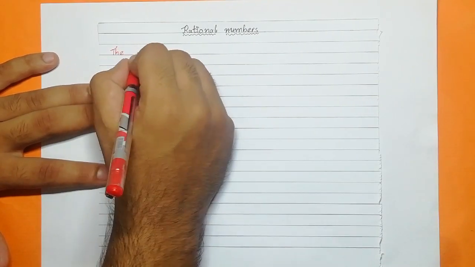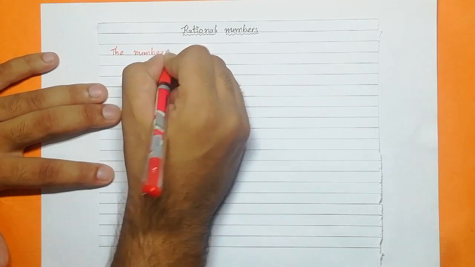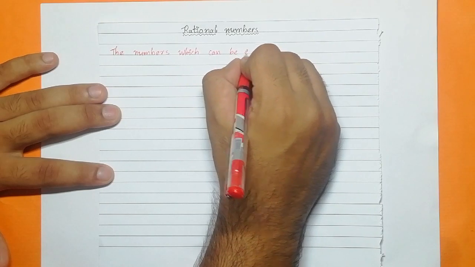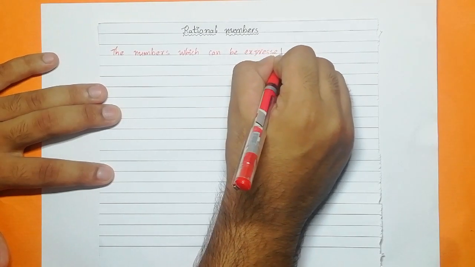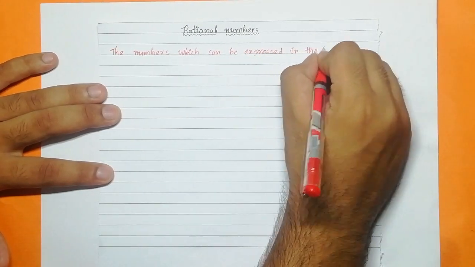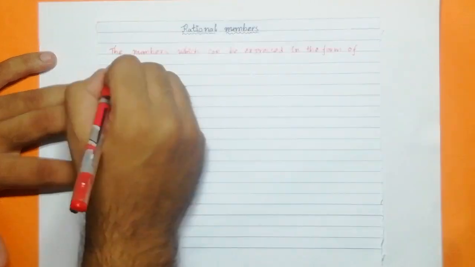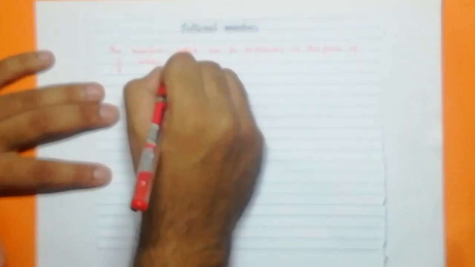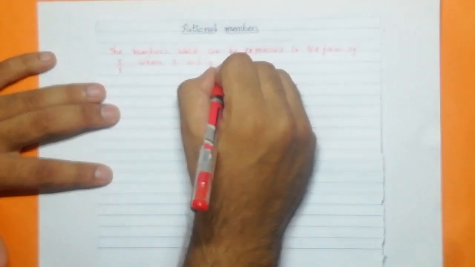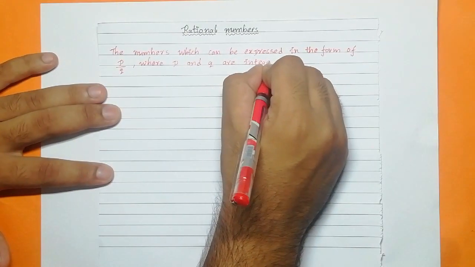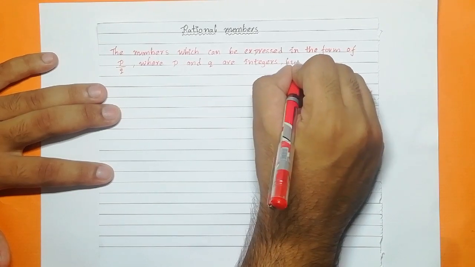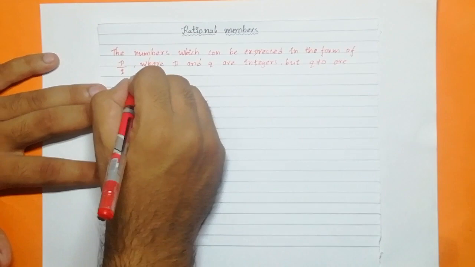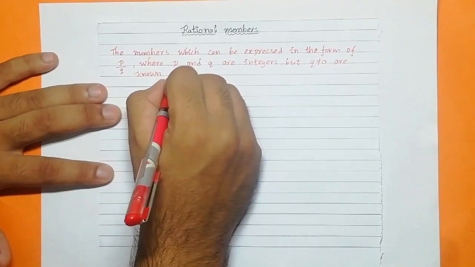The numbers which can be expressed in the form of p by q, where p and q are integers but q not equal to 0, are known as rational numbers.